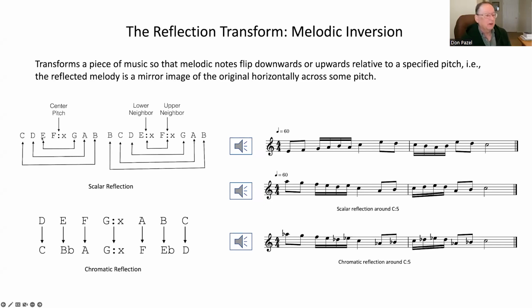In that case, I want E to switch places with G and vice versa, D and A, C and B. There are cases like here where there's no tone in between. This center pitch, or Q pitch, I like to call it, may not exist all the time because there is no note there. E and F are neighbors to each other. And so you can do a neighborhood flip like this.